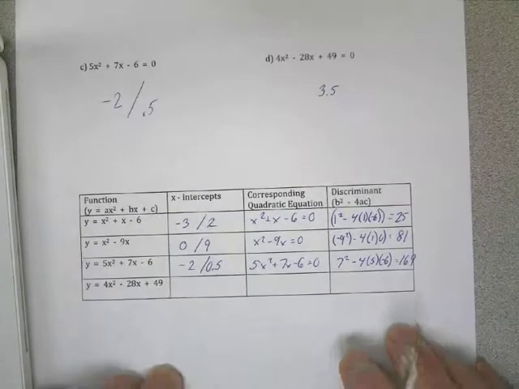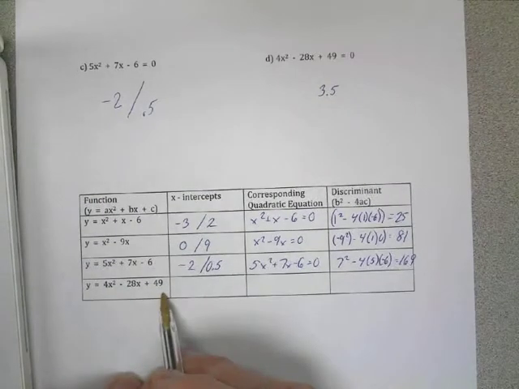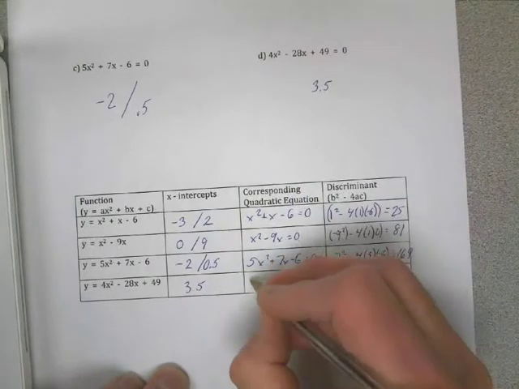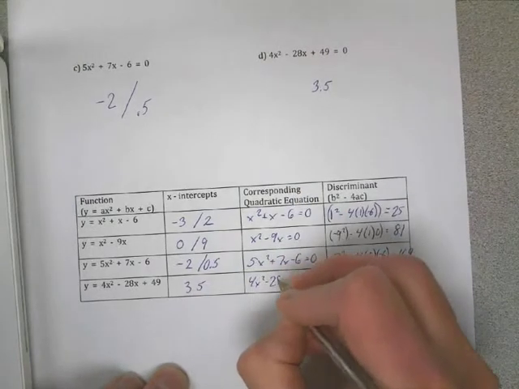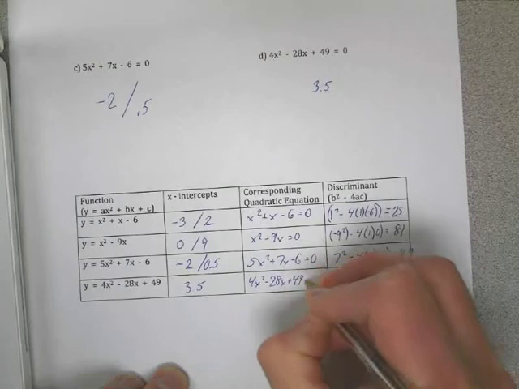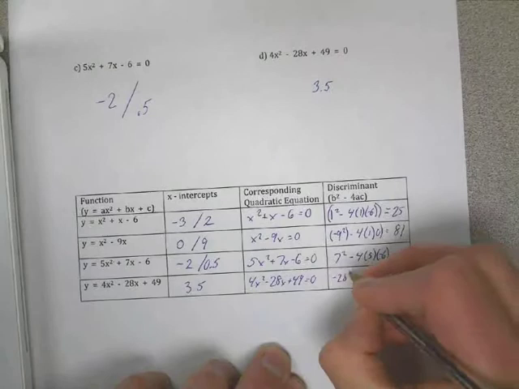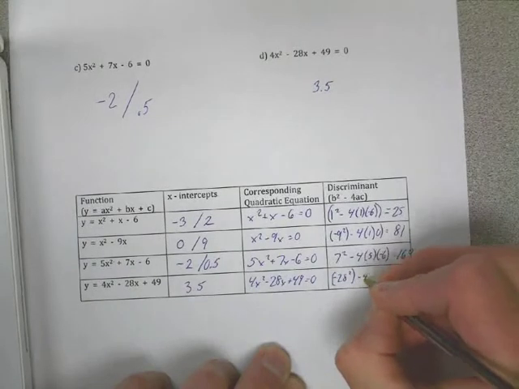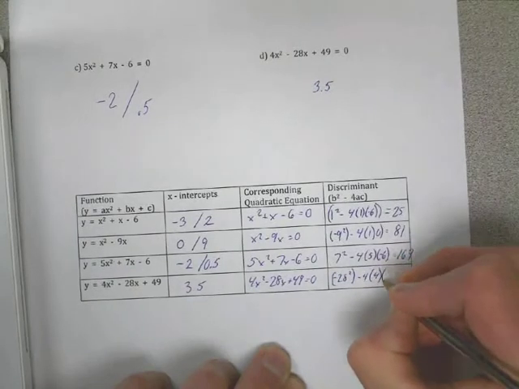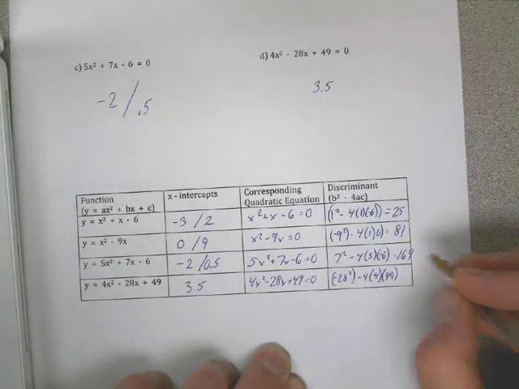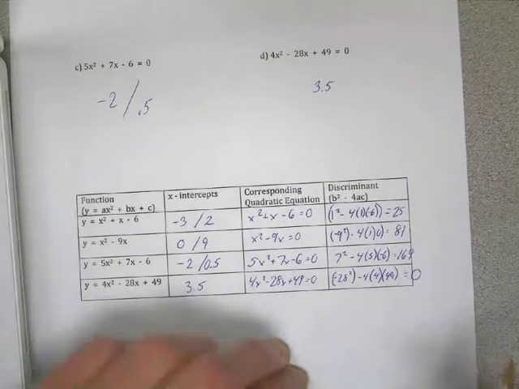And my last one, the x-intercept, there's only one, which is 3.5. 4x squared minus 28x plus 49 equals 0. Plug in what I know: negative 28 squared minus 4 times 4, which is a, times 49, which is c. And when I do all my calculations, I get 0 on that.